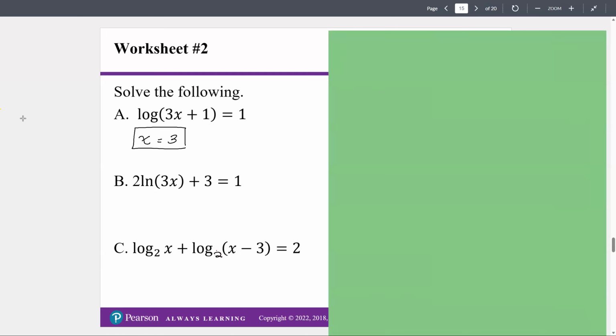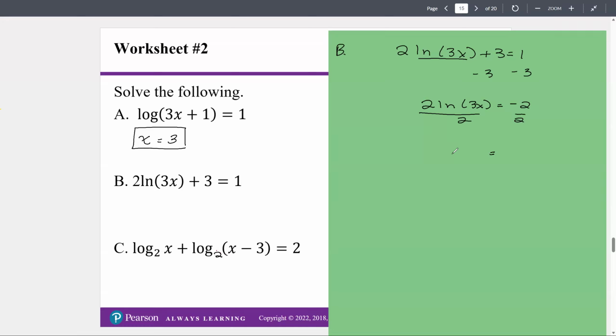So we're going to do this again, but now we're going to do B. So B is 2 natural log of 3x plus 3 equals 1. So let's get the log by itself. We're going to subtract 3 from both sides first. So 2 natural log of 3x is going to be equal to negative 2. We're going to divide both sides by 2.